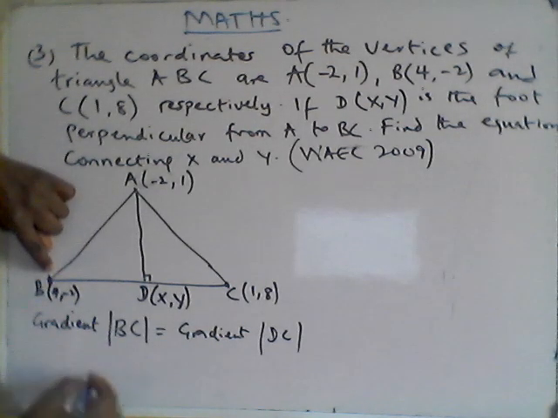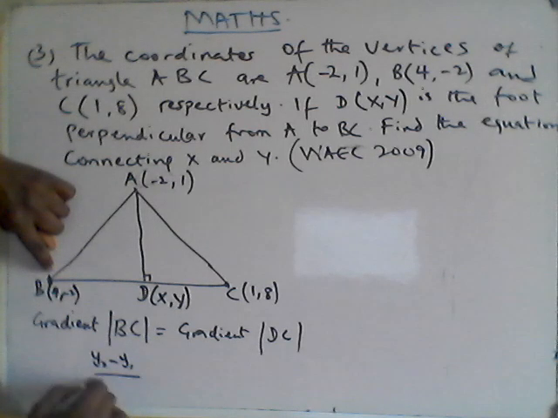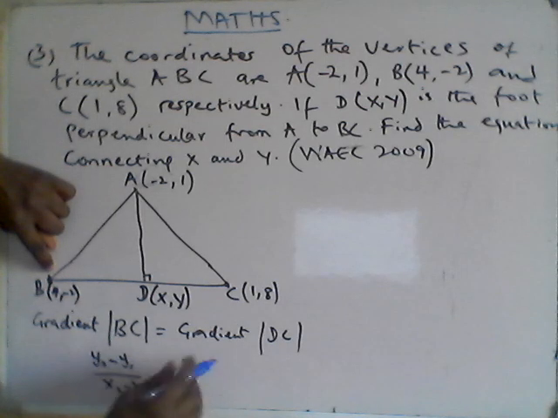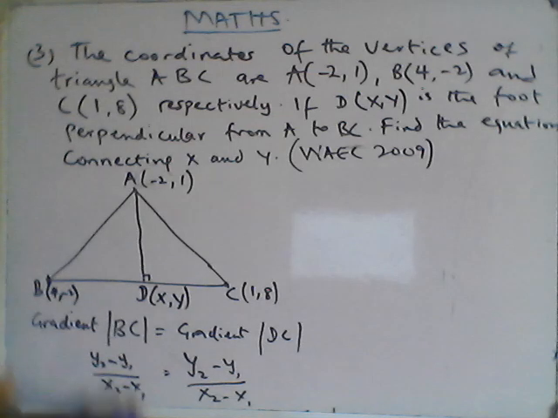I will find the gradient of line BC. Look at my points B and C. Gradient is y2 minus y1 over x2 minus x1. The same thing applies on this side too; there are two parts to this, but I'm going to look at BC first.